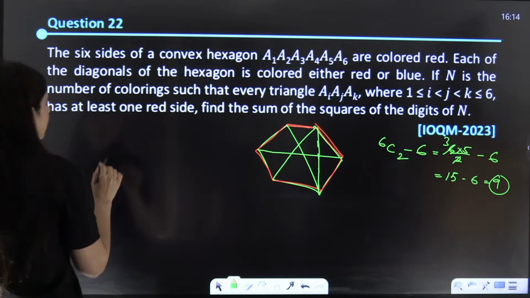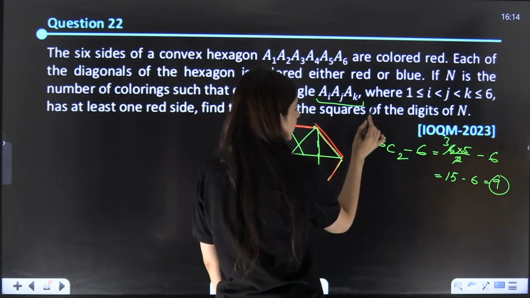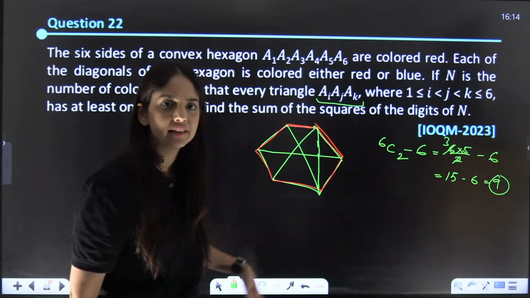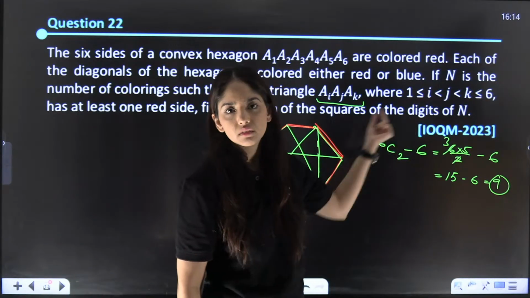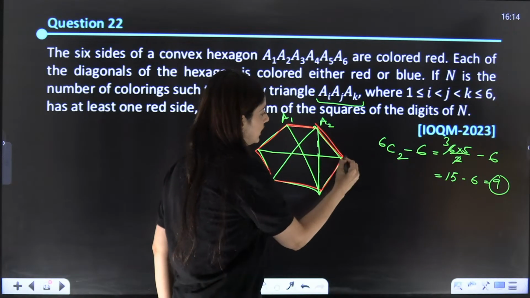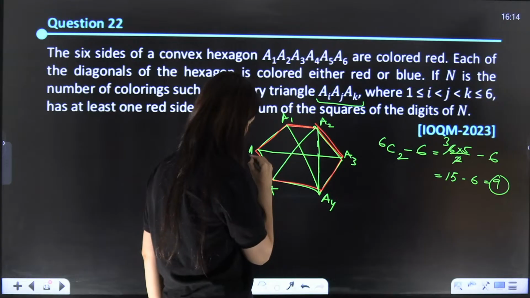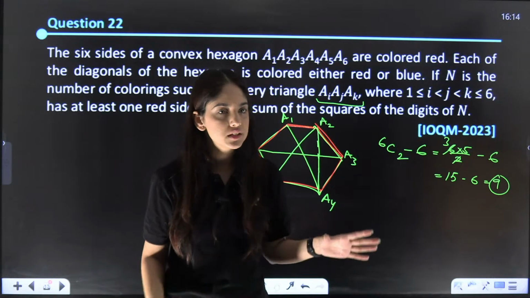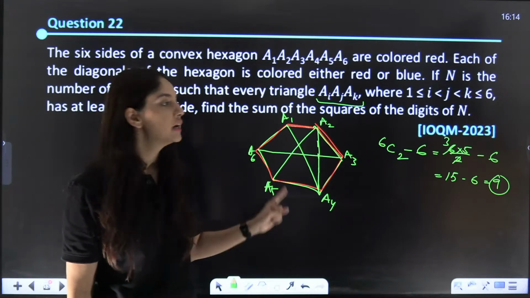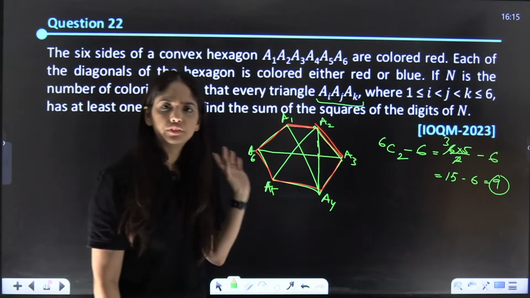Now n is the number of colorings such that every triangle AI, AJ, AK, basically to tell that we have a unique triangle. This is, let's say, A1, A2, A3, A6. Like this we have 6 vertices, and now we are taking any of these triangles.